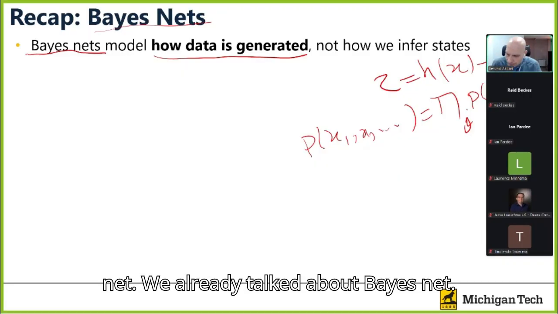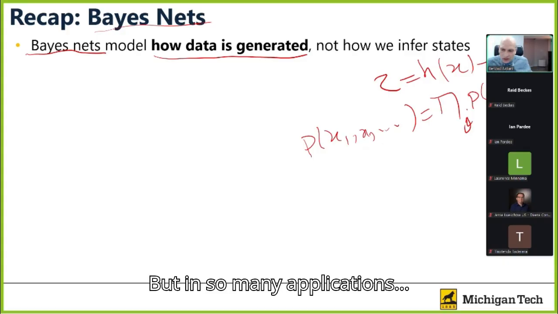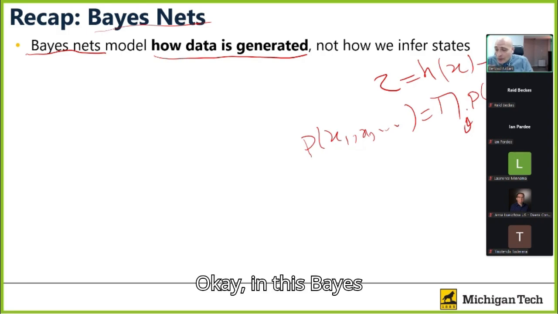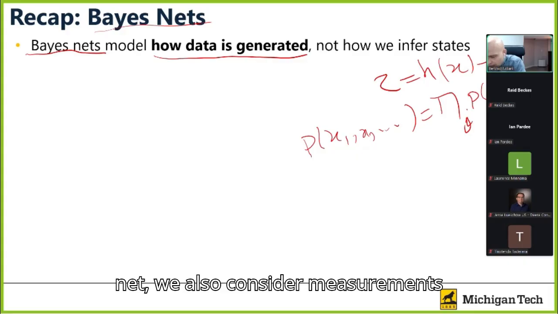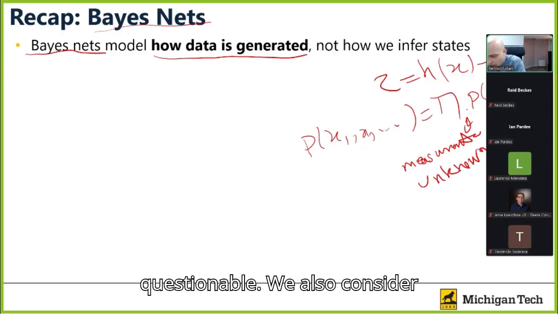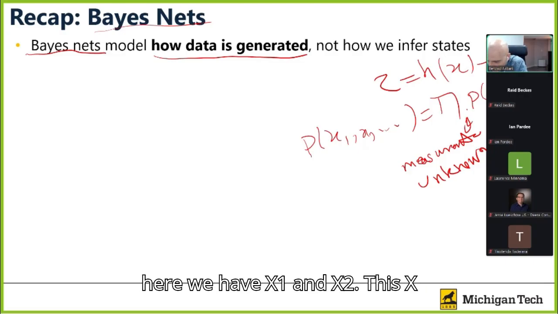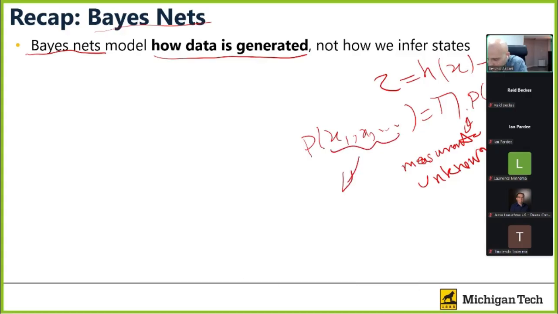We already talked about Bayes net. But in so many applications, in this Bayes net, we also consider measurements unknown. That's questionable. We also consider measurements unknown because here we have x1 and x2. We consider x, z, l.